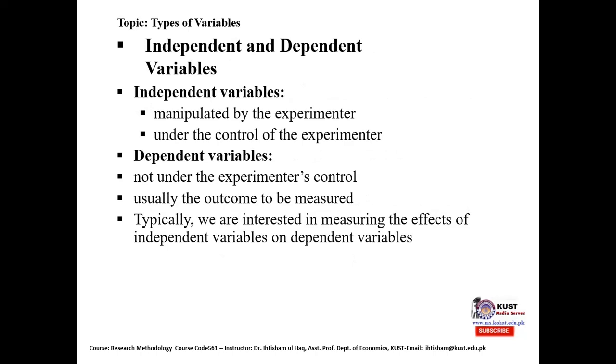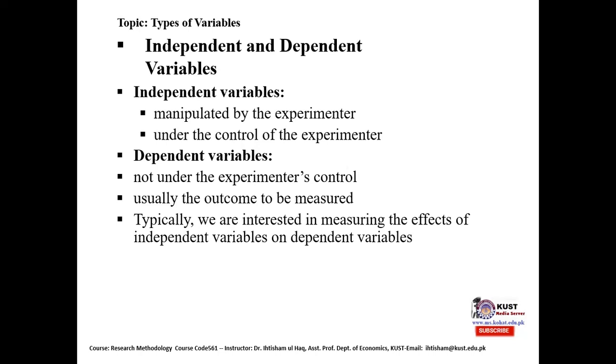And being a social researcher, we are interested in the effects of independent variable on dependent variables. The dependent variable is the outcome of the study, whereas the independent variables are the factors that can affect the outcome of the study.